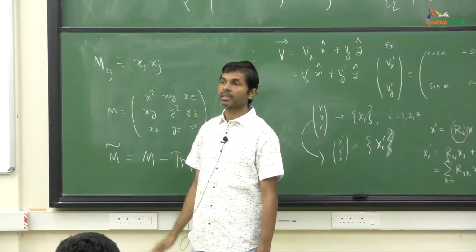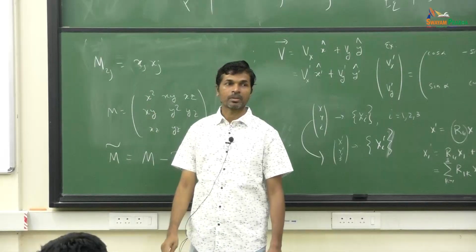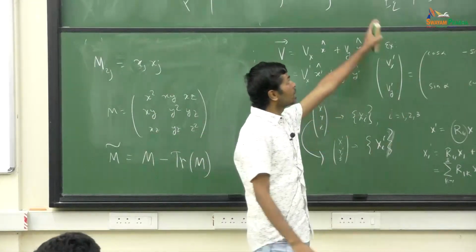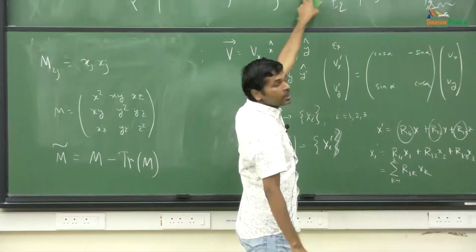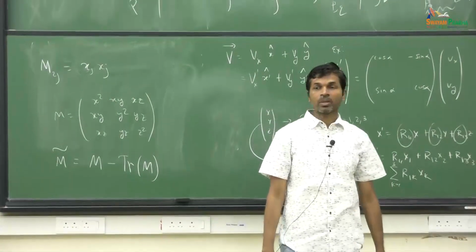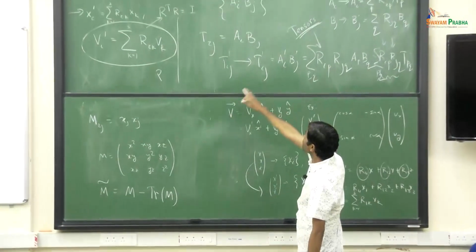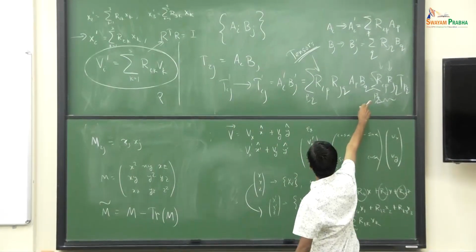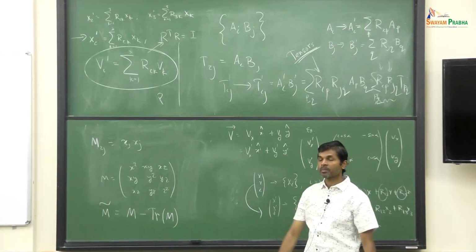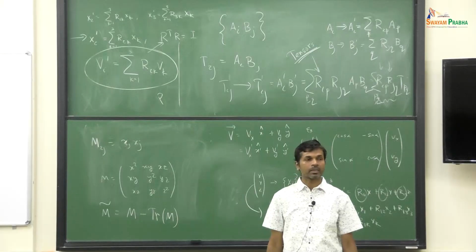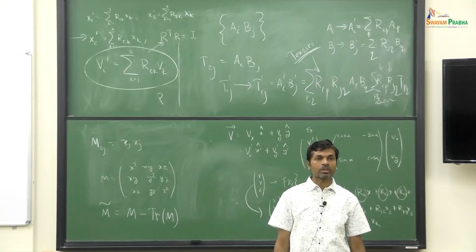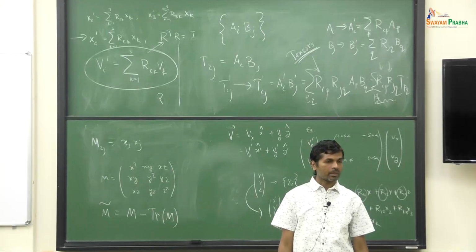You cannot write it in this form. So not all tensors can be expressed in this way. What distinguishes them is the transformation rule. If you have a nice transformation rule like this, then you call it a tensor.